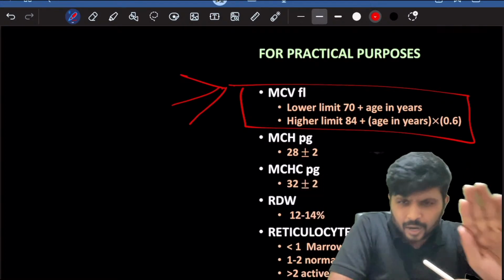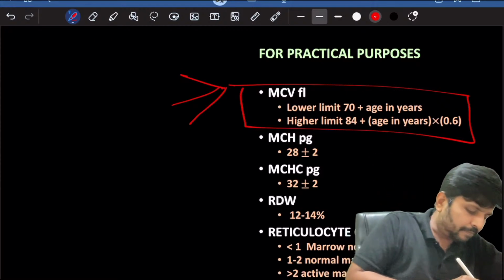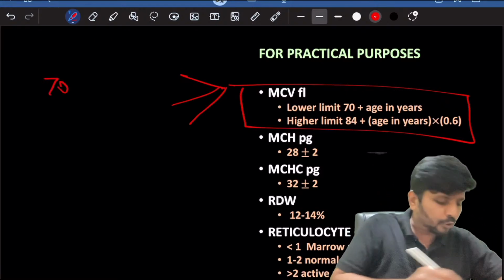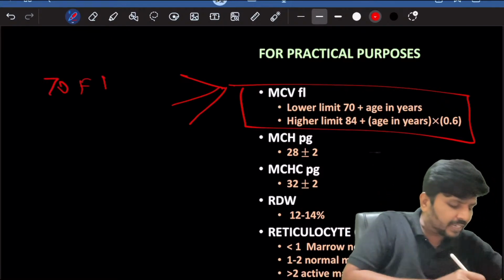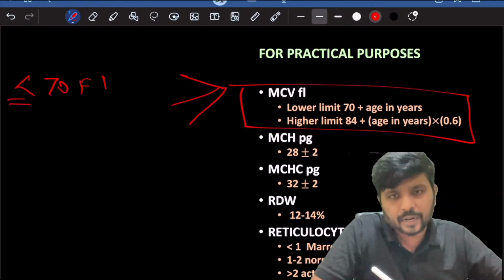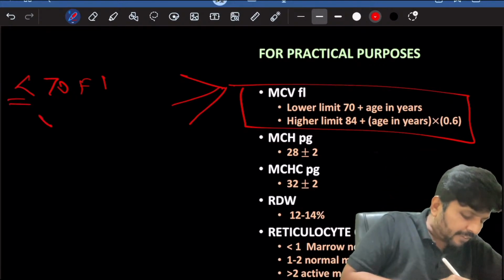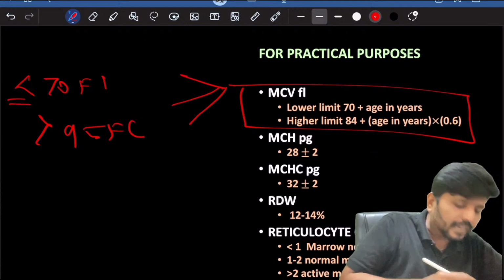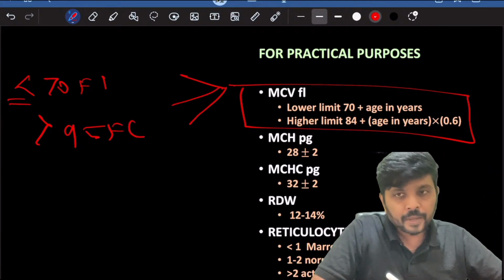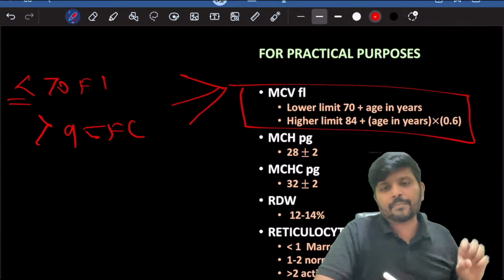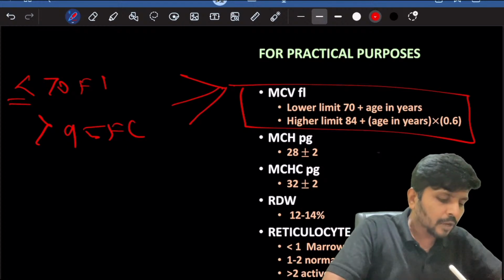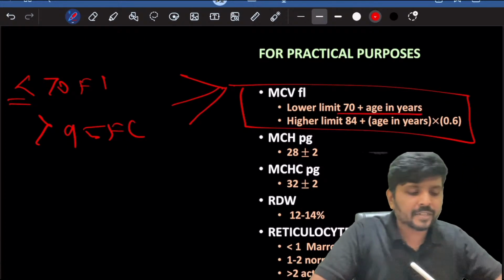Remember, the rule of thumb is 70 femtoliter. If it is less than 70 femtoliter, you call it microcytic. If it is more than 95 femtoliter, you call it macrocytic. But if you want an exact MCV, it is very, very simple. The lower limit is 70 plus age in years.